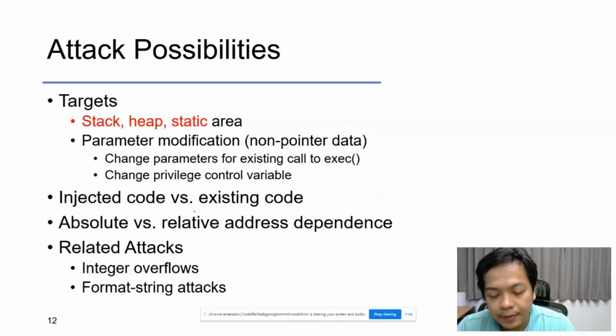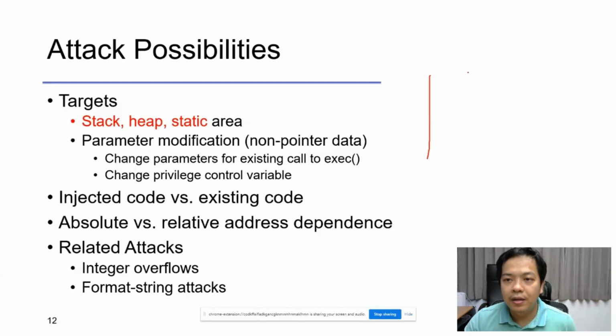Okay, now we go into more detail: how a hacker can exploit buffer overflow, and how buffer overflow really happens in the stack. We have a stack, memory is kind of a stack.